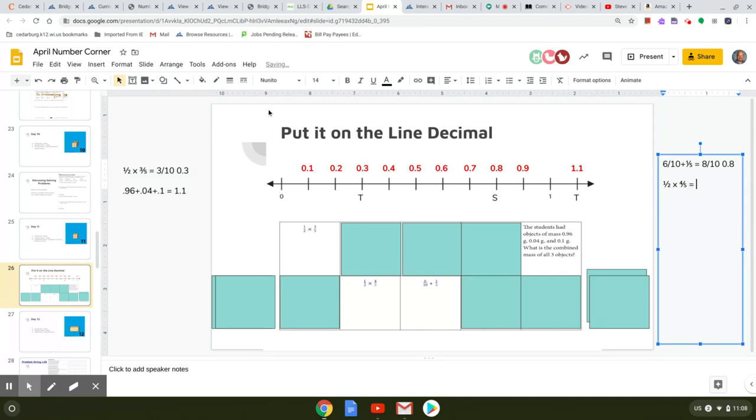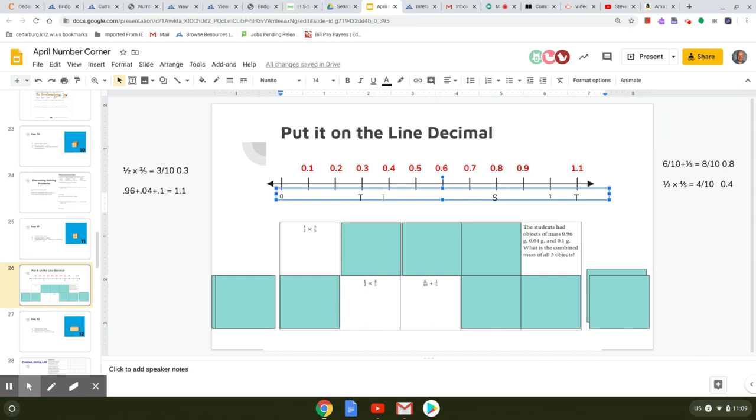Remember, just like in this problem, we were able to multiply our numerators together, then multiply our denominators together, and that would give us a total. So that would be 4/10. And what would that look like as a decimal? 0.4. There you go.